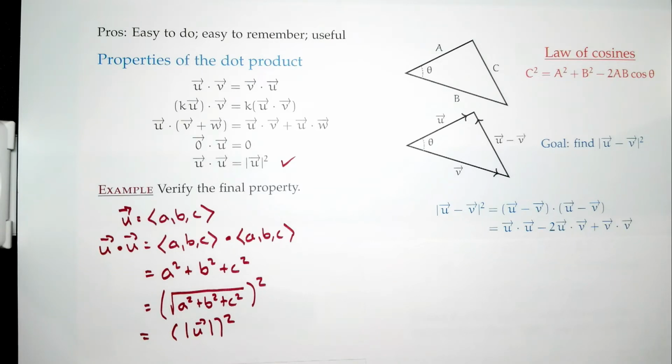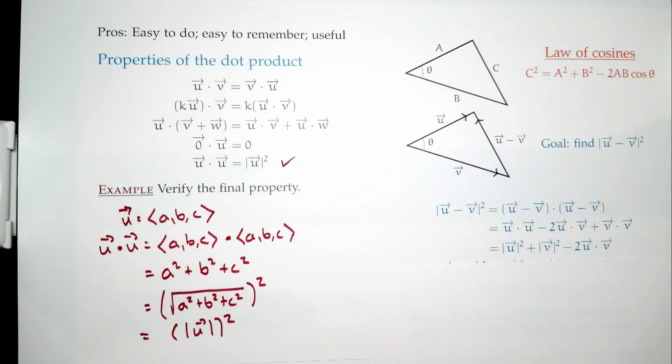Is there anything we can do with u dot u? Yeah, it's the magnitude of u squared. What about v dot v? The magnitude of v squared. And what about minus 2 of u dot v? Well, the answer is it's still minus 2 of u dot v. All right, so far, so good.